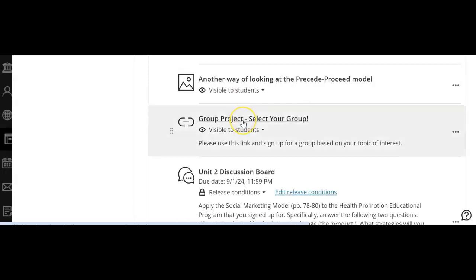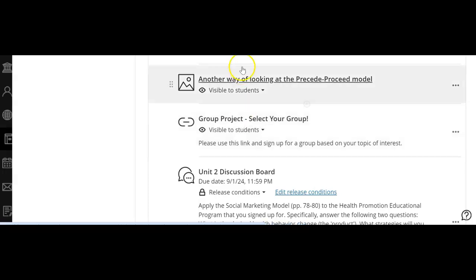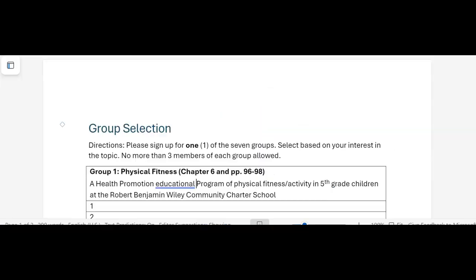So let's look at two different things here. First of all, I want you to look at your group selections. This document takes a little bit to open up, so I have it opened already. You may have to wait a few minutes. This is a collaborative document, so everyone will be able to see who signed up for what, and there are 7 different groups.